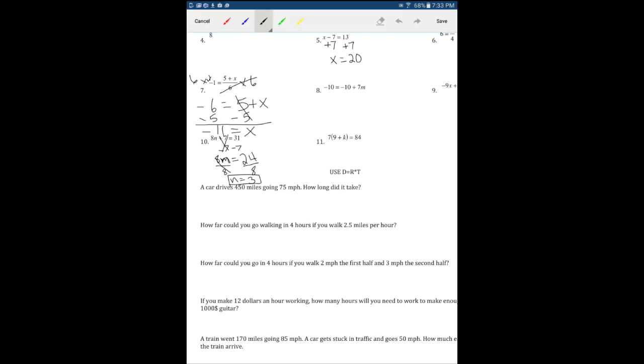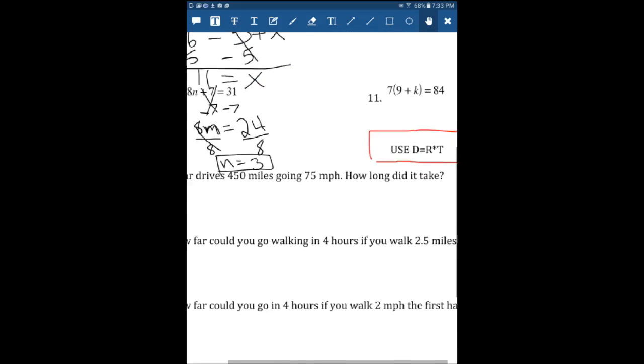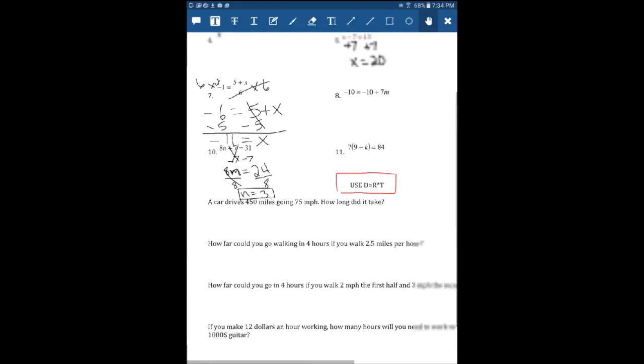I'm going to put a red box around our equation: d equals rt. D, of course, is distance. R equals rate, and t equals time. Why we use r instead of s for speed, I don't know. It's up for debate. But r is the same as speed.